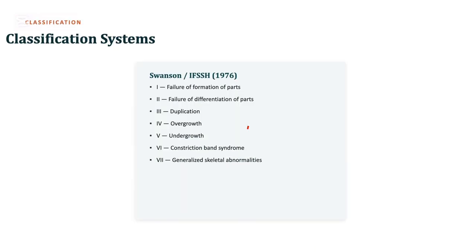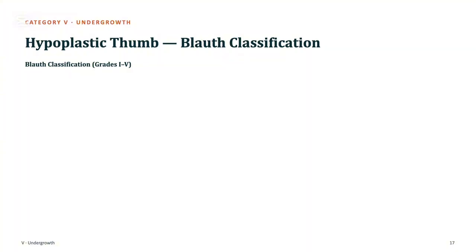Again to the classification, undergrowth. Undergrowth, we may find any hypoplastic finger, but it's mainly in the thumb, the hypoplastic thumb. We have a very important classification called Blauth classification.